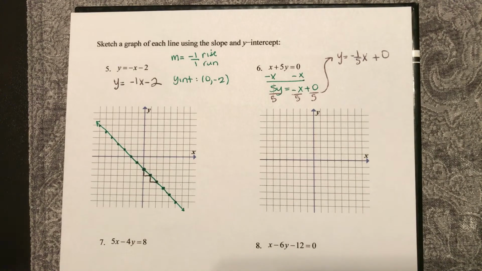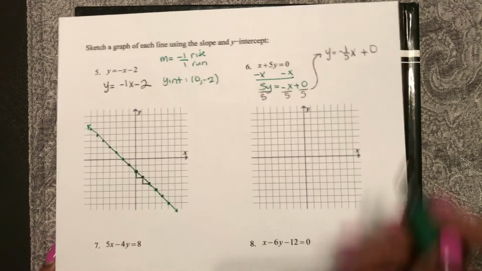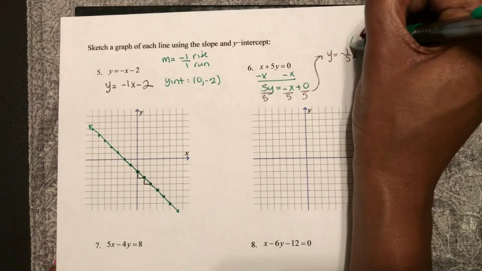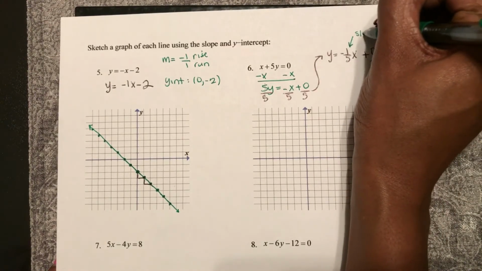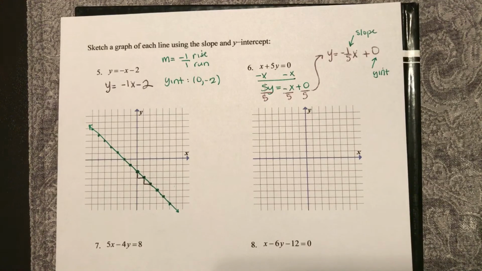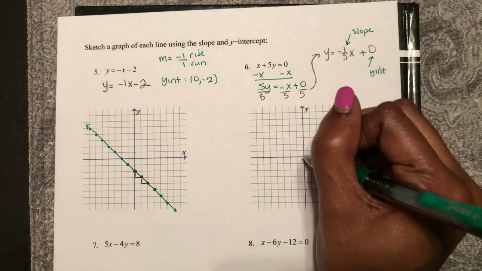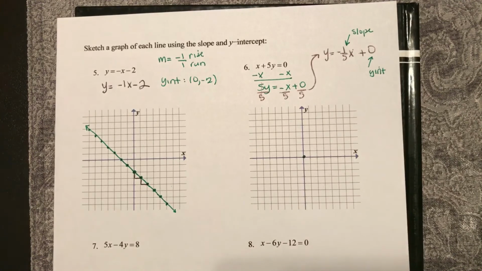Well, looking at this, I can see that my y-intercept is going to be at 0, and my slope is going to be negative 1 over 5. So I'm going to start by plotting my y-intercept. It's at 0, 0.